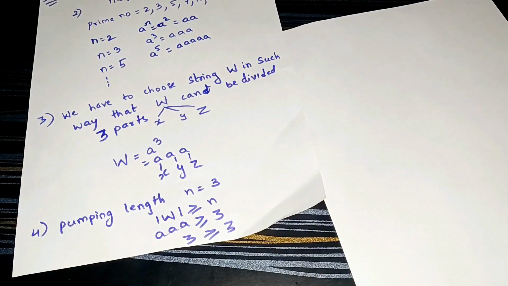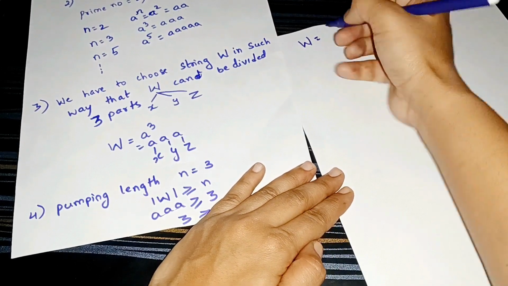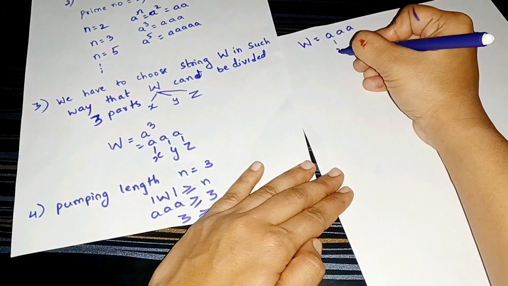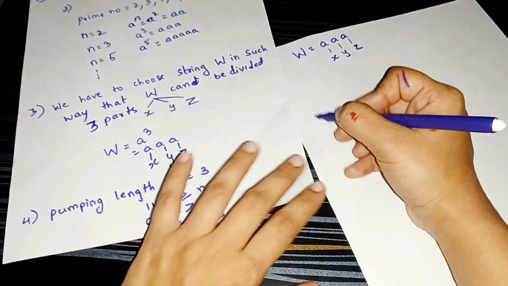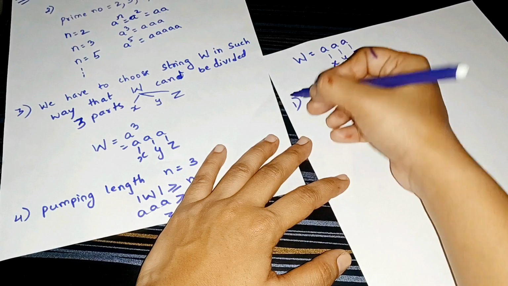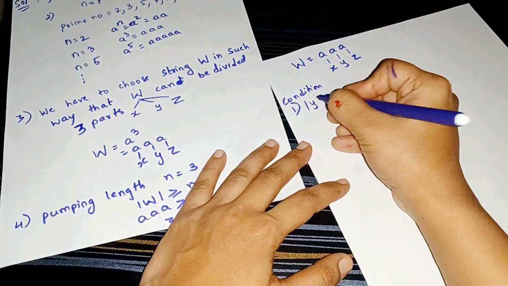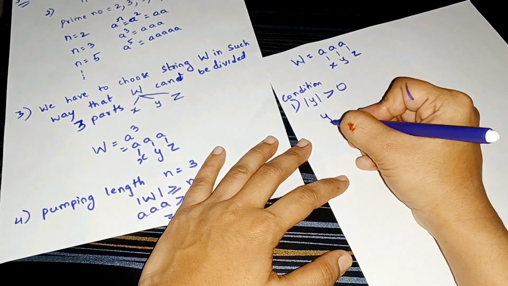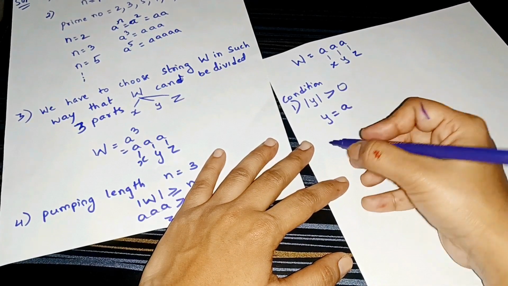Next, we have to see how this string can be divided. So W is equal to a cube, which we have divided into X, Y and Z. We have to check the conditions. First, mod of Y should be greater than 0; Y is equal to a, so it is not 0.